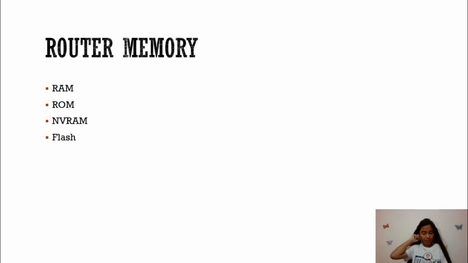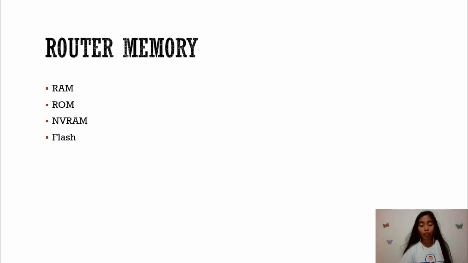We have the router memory. So we have the RAM, the ROM, NVRAM, and the flash. For the RAM, this is a volatile memory used in Cisco routers to store applications, processes, and data needed to be executed by the CPU.